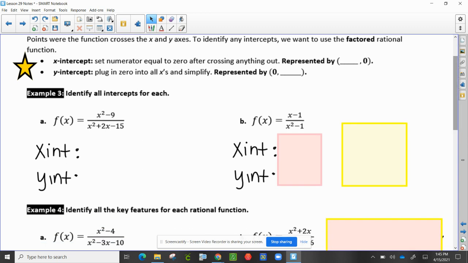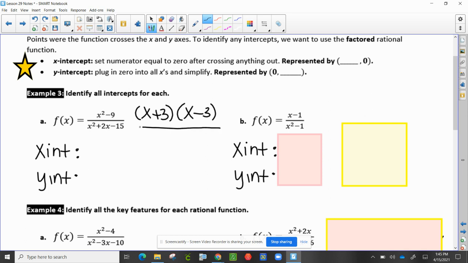Okay, so let me go through A for you. I'm going to factor this out. We have a difference of squares on top. Square root of 9 is 3, so that will factor as x plus 3, x minus 3. In my denominator, I have a trinomial, factors of -15 that add to a +2 would be 5 and -3.